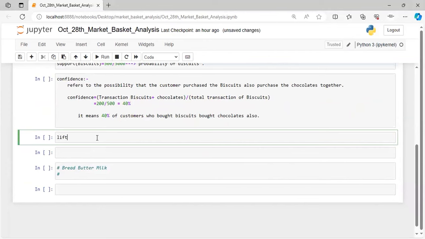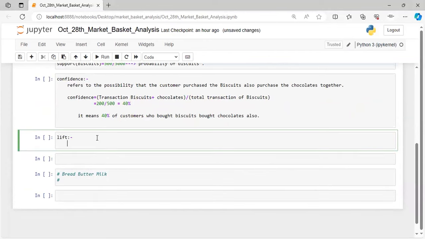We will see many examples, then only this concept will be clear, because understanding of the concept is required. At the time of interview, if you are applying to an e-commerce kind of business, such as Amazon, Flipkart, they can ask questions related to association rule mining and basket analysis: how you will decide the combo of 2 products, 3 products, what is the concept behind it, the basic idea you can give.